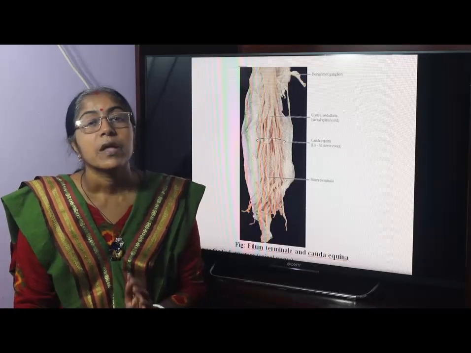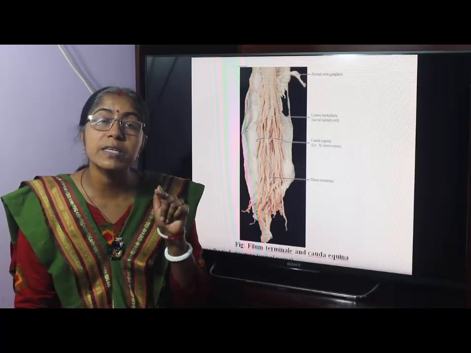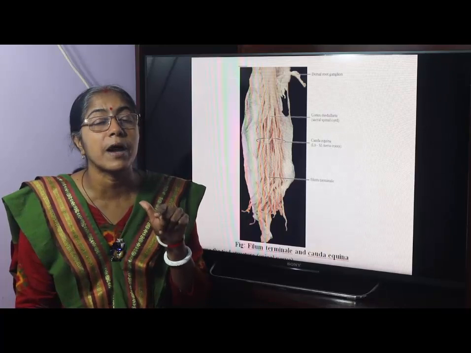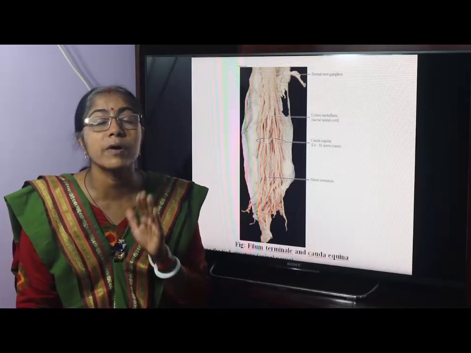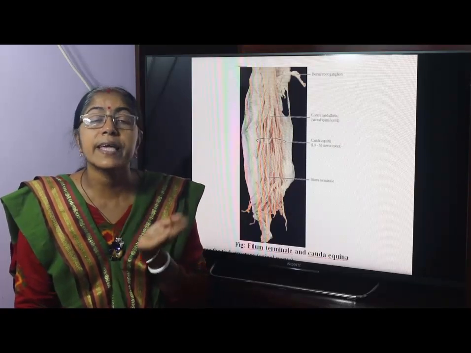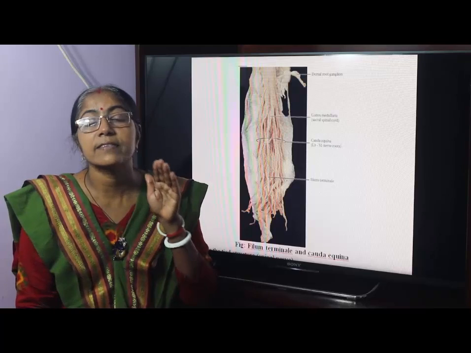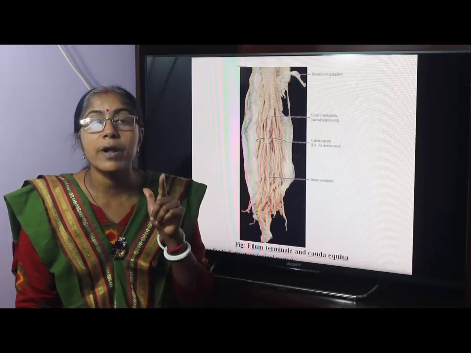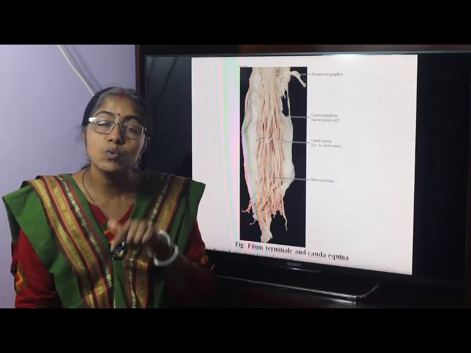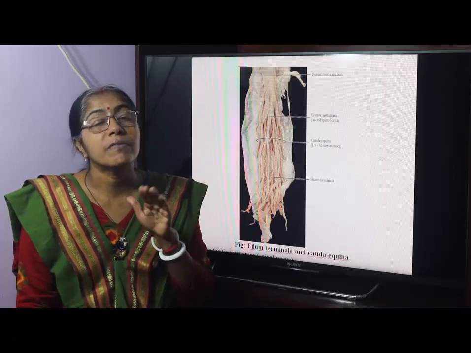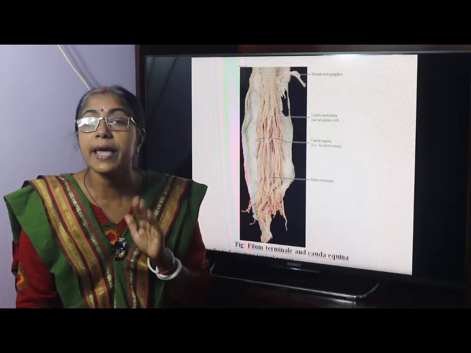Now, extension. The spinal cord extends from the upper border of the posterior arch of the first cervical vertebra to the lower border of the first lumbar vertebra or upper border of the second lumbar vertebra in case of adult.